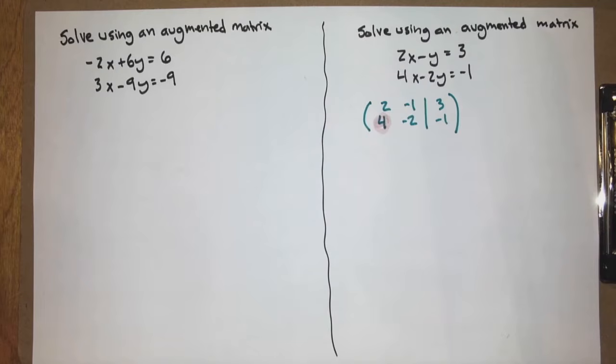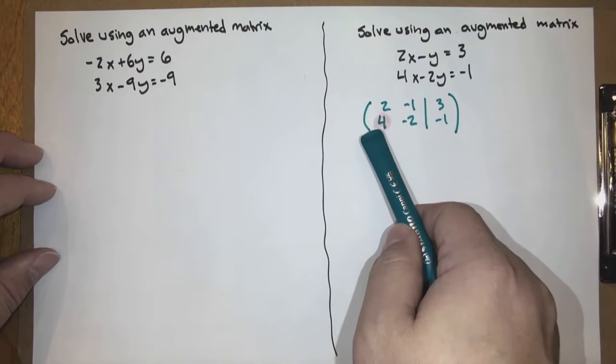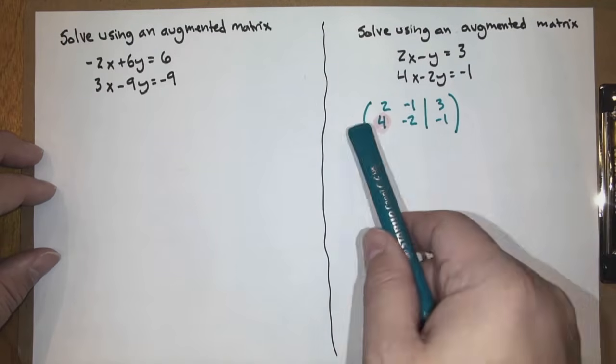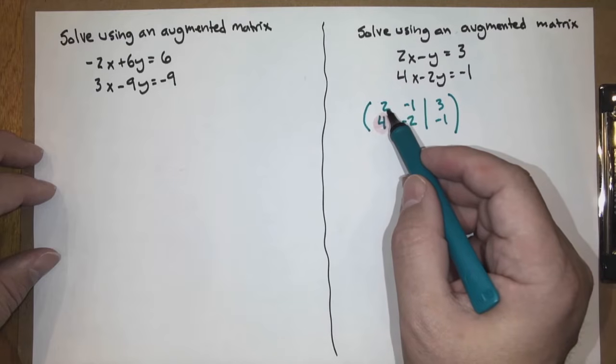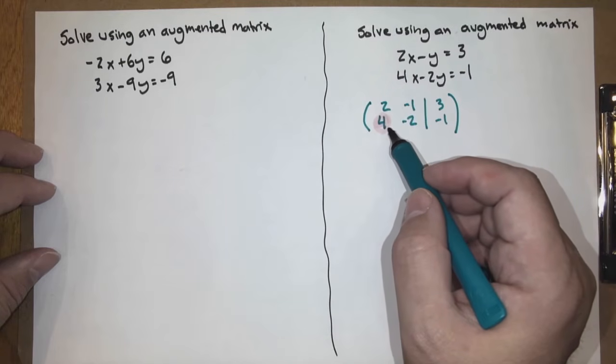If you're wondering where to start, make that a 0. So is there a way we can make that a 0? Yeah, so what we can do is we can use row 1 combined with row 2. So if we look at it and say, well, the row 1 has a 2. What can I multiply it by so that when I add it to 4, I get 0?